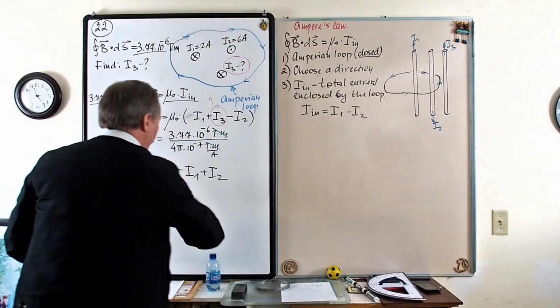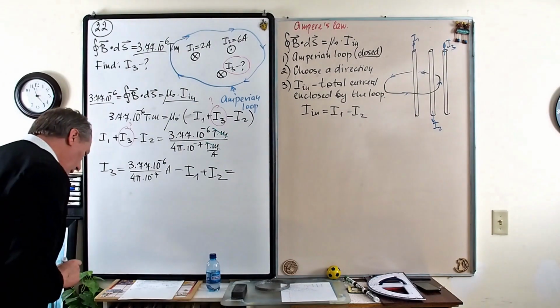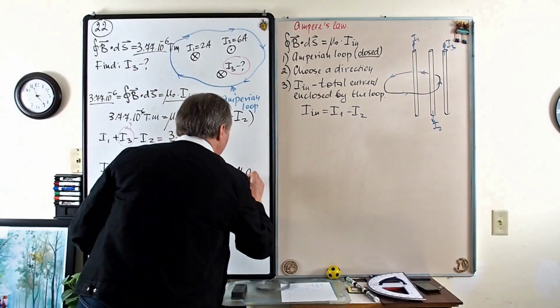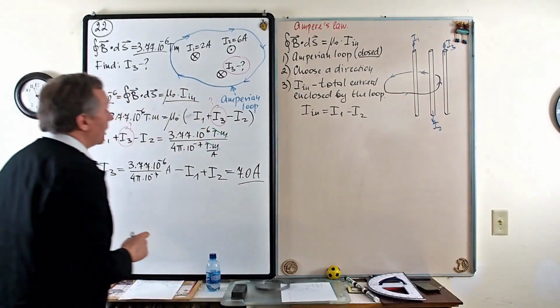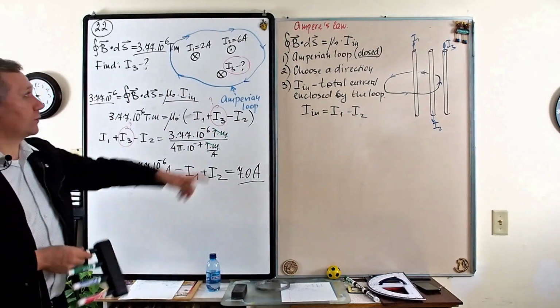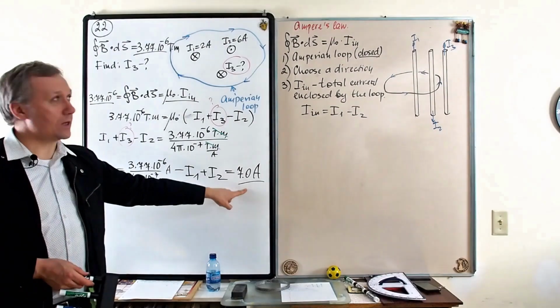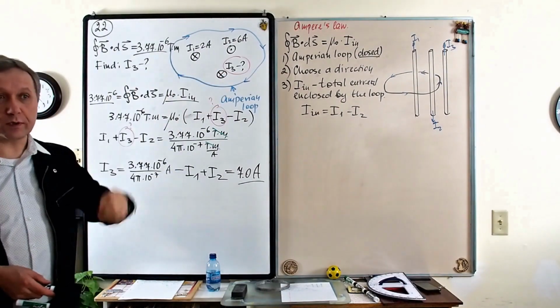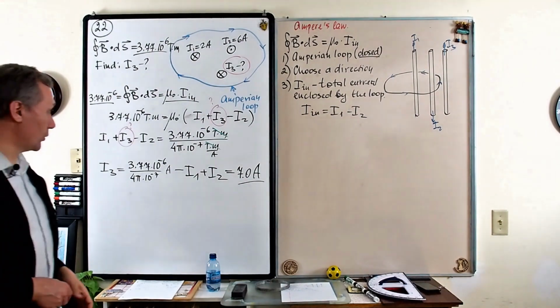If you plug in all the values, you will get 7 amps. So the value of current I3 is 7 amps. And of course, the direction was given from the very beginning, so the current flows into the board.